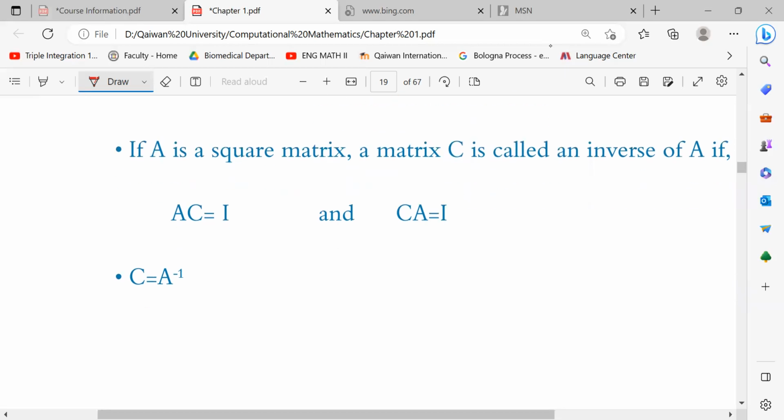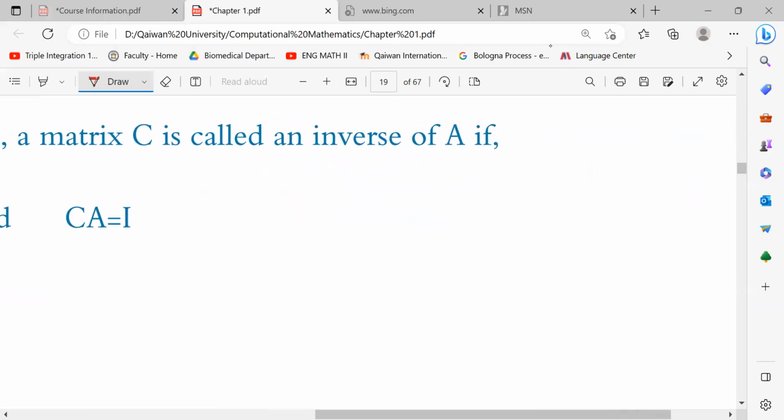We say, if you have two matrices, let's say A and B, as it's written here, the matrix C is called the inverse of A if their multiplication is an identity matrix.